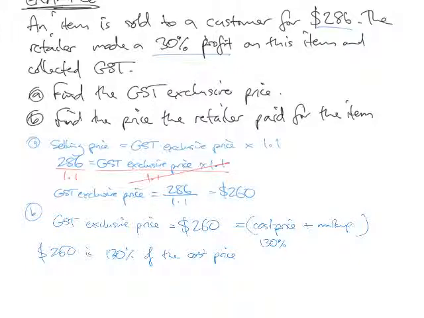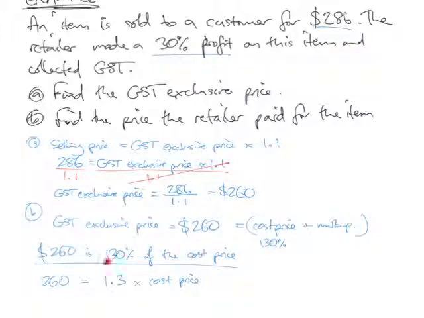So if we know that and we convert this statement into algebra, 260 is equal to 130% as a decimal, 1.3 times by cost price. If you notice, all I've done here is I've converted this worded statement into a purely mathematical one. 260 is means equals, 130% as a decimal is 1.3, of means times cost price.